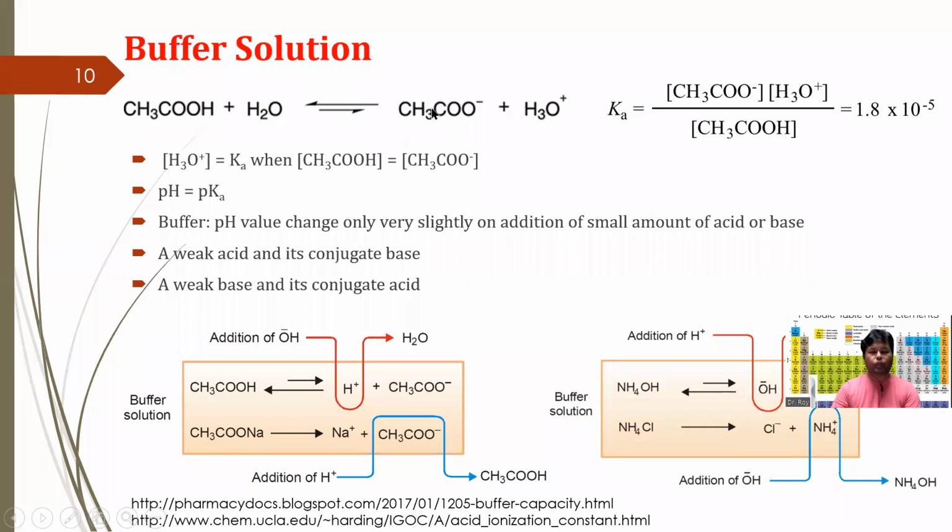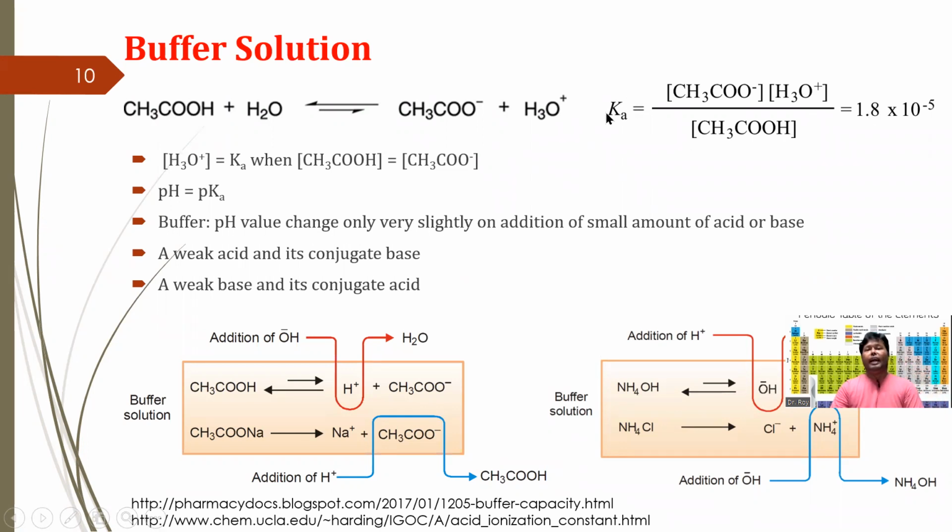From this one we are having the conjugate base, and for this one we are having the conjugate acid. So here we can see the dissociation constant for acetic acid. If we find out the dissociation constant for this one, then that is 1.8 into 10 to the power minus 5.